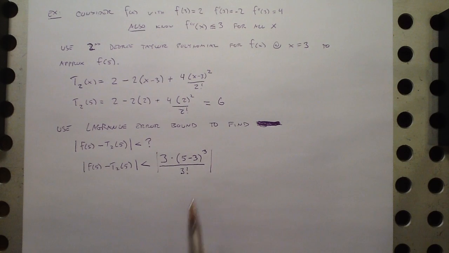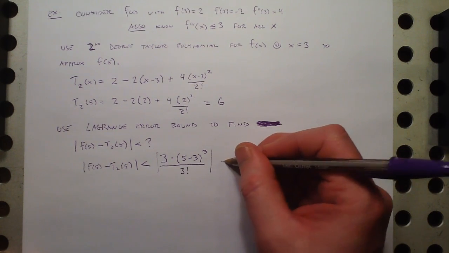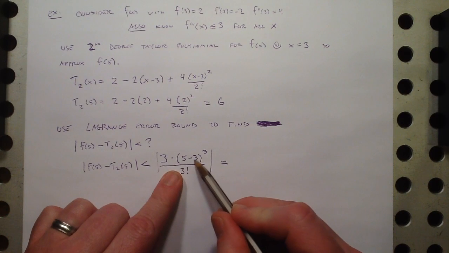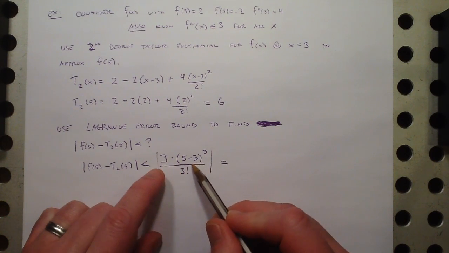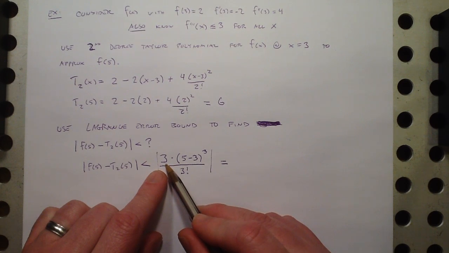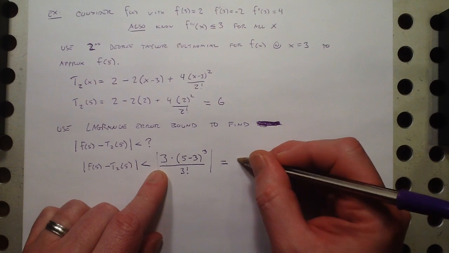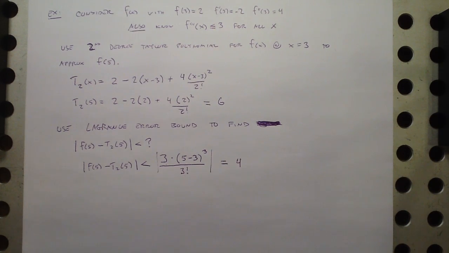In this case I didn't really need them, because that will come out to be positive. And let's see, what's that equal to? So 2 cubed is 8 times 3 is 24, divided by 6 is 4. So the Lagrange error bound says I'm not off by more than 4.